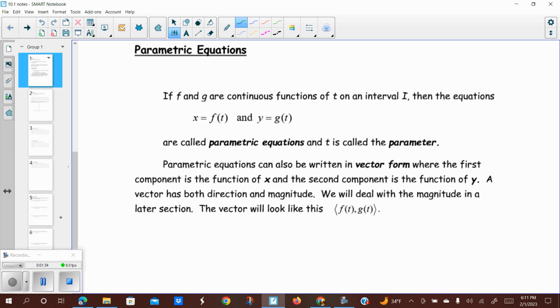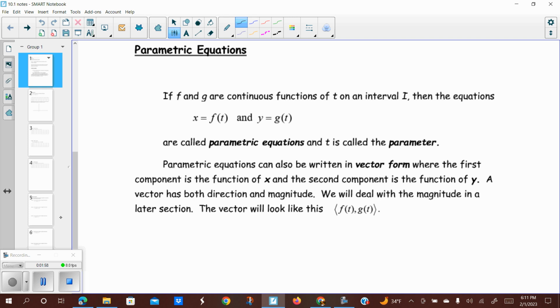Parametric equations can also be written in what is called vector form, where the first component is the function of x and the second component is the function of y. A vector has both direction and magnitude, much more heavily used in calculus 3 or multivariable calculus, but we'll use it just a small amount here.